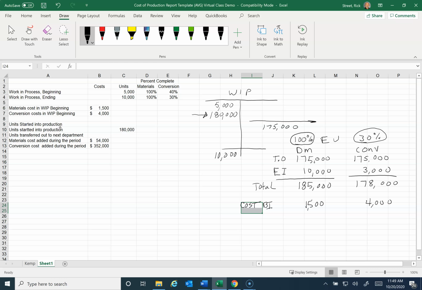Now, during this process, we added some costs. So right here, we're going to put costs added during this period. So we've got $54,000 in material costs and $352,000 in conversion costs have been added during this period.